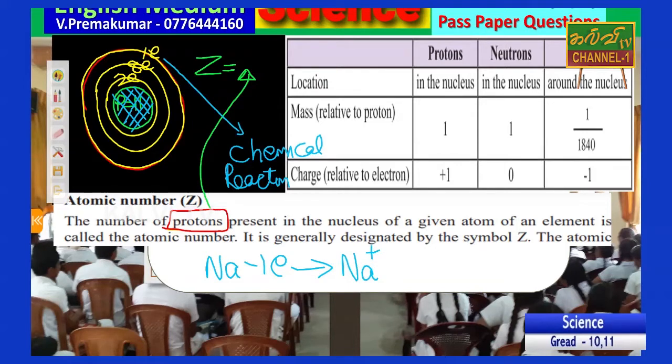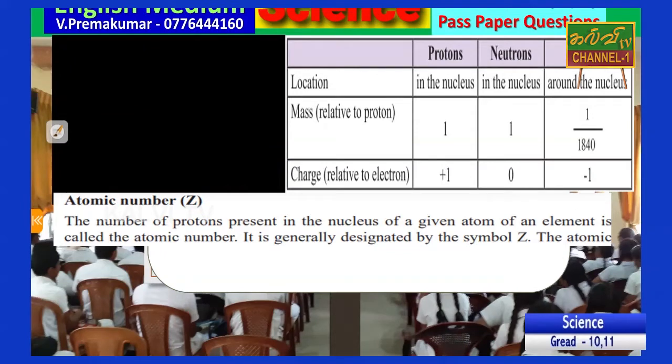So now the number of electrons is different. Initially there are 11 electrons, and after loss of 1 electron, now there are 10 electrons. Therefore, the number of electrons can be changed according to chemical reactions and the features of atoms. Therefore, when we consider the atomic number, we consider protons.